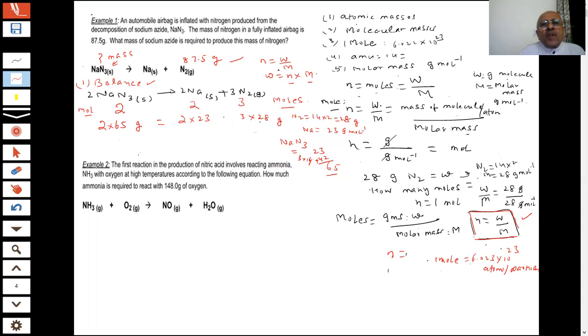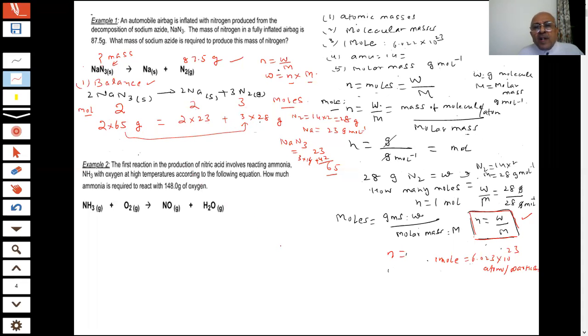Now, this is the story: so many grams of sodium azide will produce how much nitrogen?